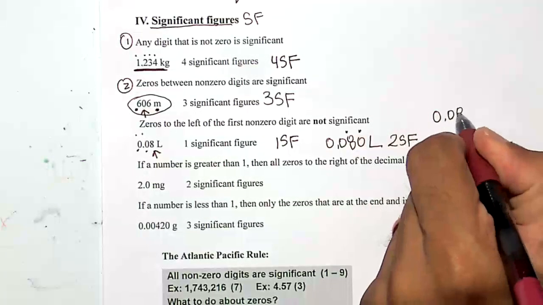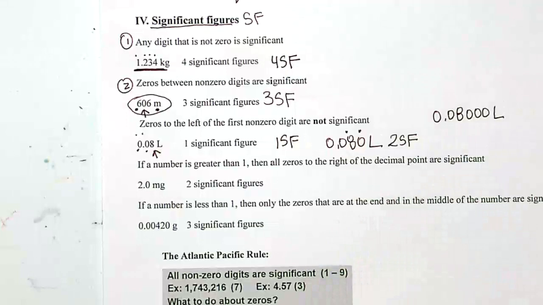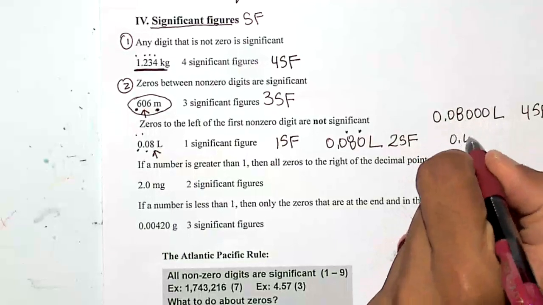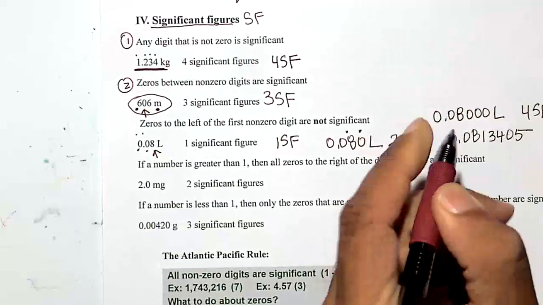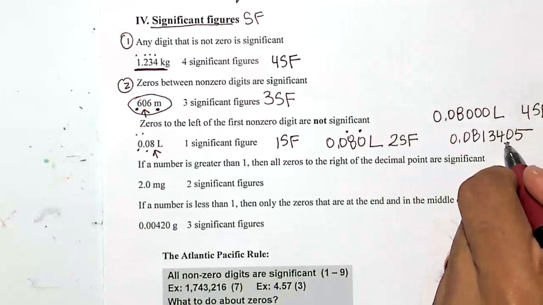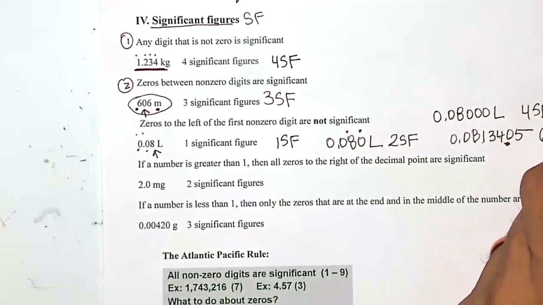What if I do this one? How many significant figures is this? 4. How many is this? About that 0, is it significant or not significant? 6 sig figs.